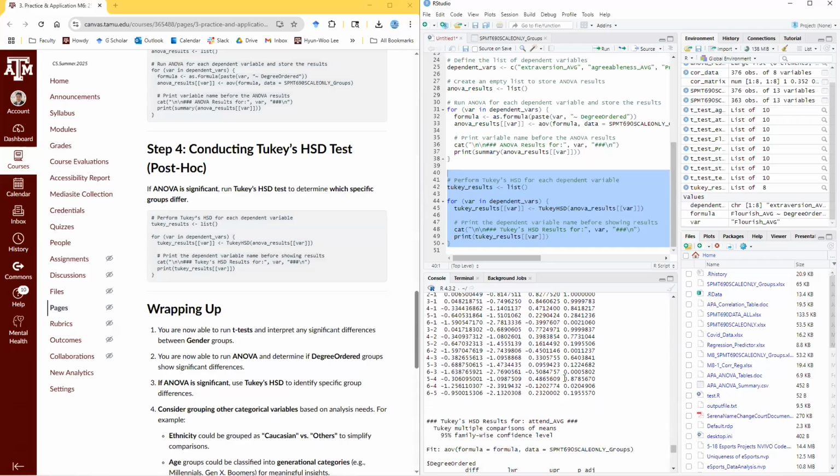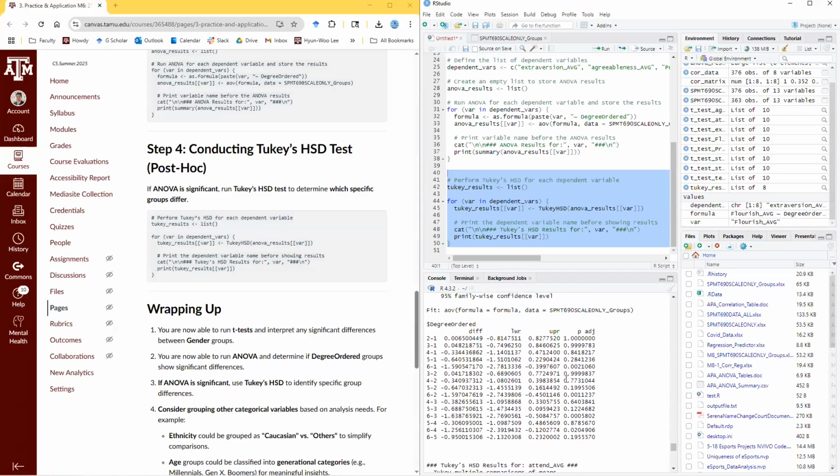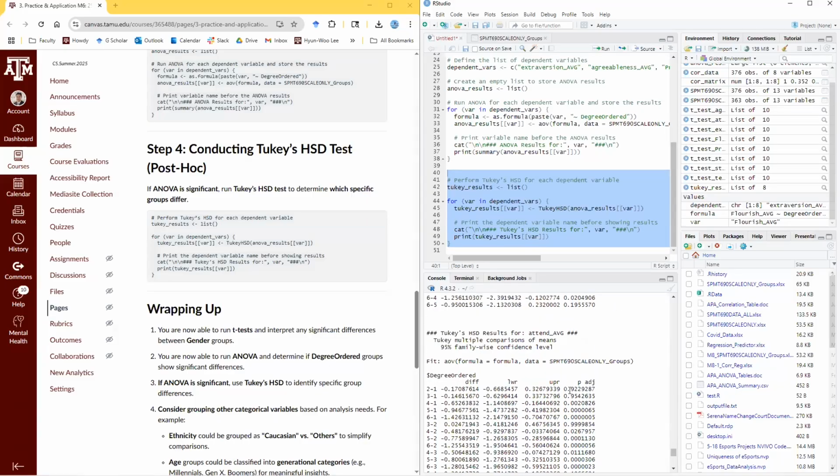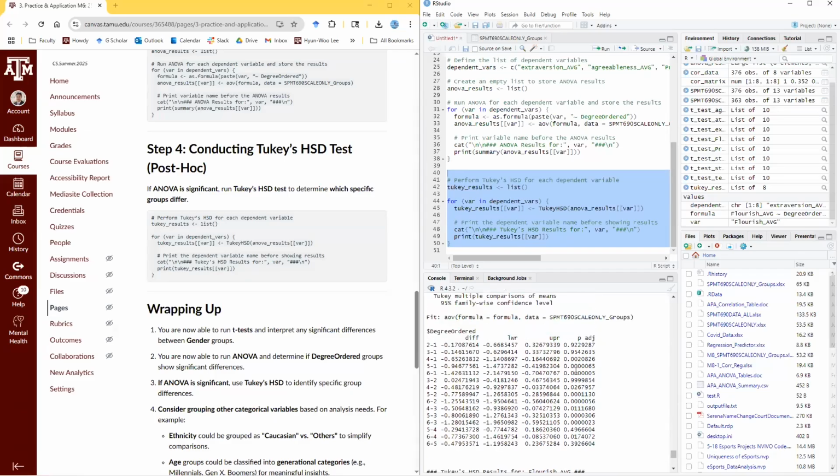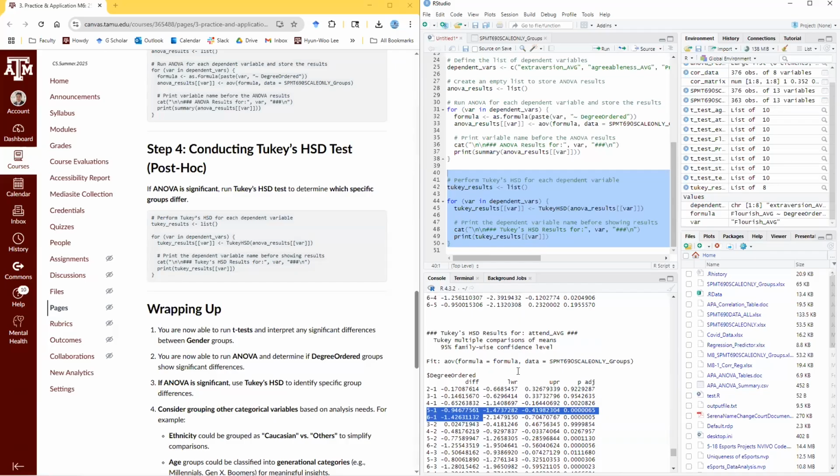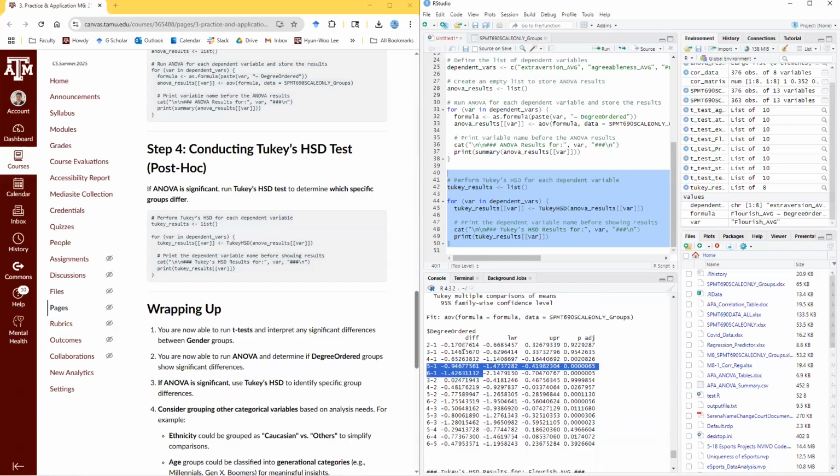So it just shows that PhD students have much lower Team ID.